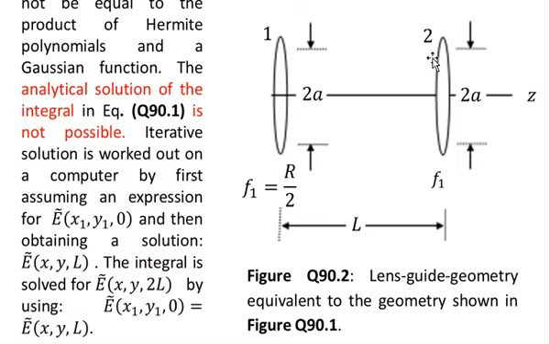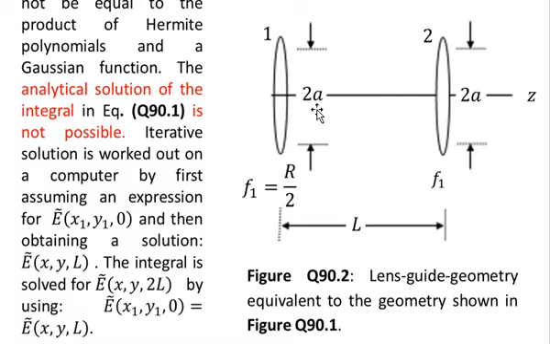That is, the light will pass through lens 2, and then of course it will cover a distance equal to capital L. The things will repeat itself, and you see that this repetition will occur after traversing a distance equal to capital L. So we are assuming that the field just before the lens 1 should reproduce just before the lens 2, because after that the things are going to repeat.